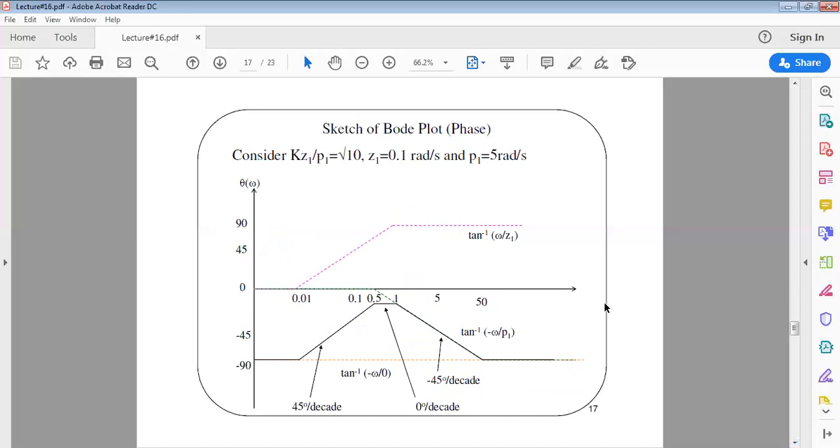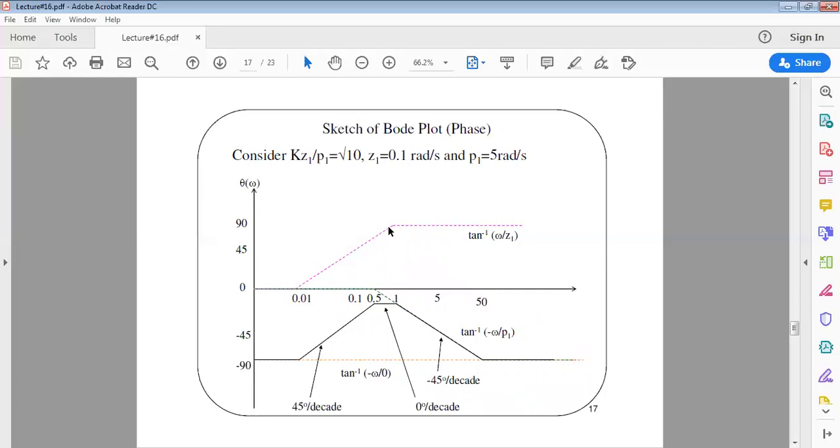For the real zero, we have the pink plot, where at 0.1 there should be a 45 degree angle. One decade smaller, which is 0.01, will be 0 degrees, and one decade higher, which is at 1, the phase will be positive 90 degrees.